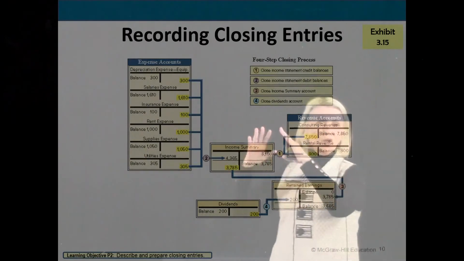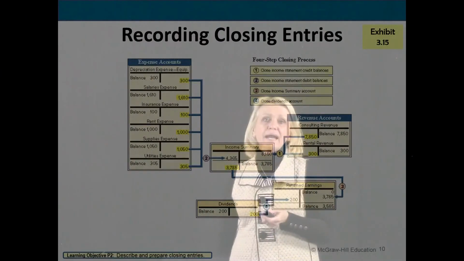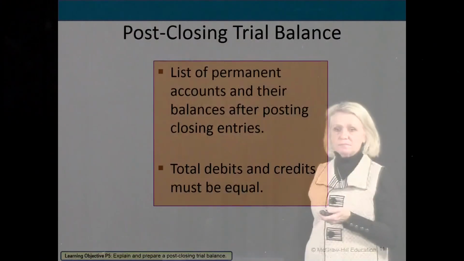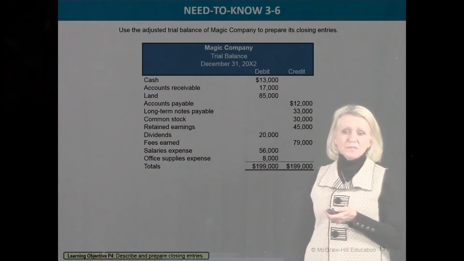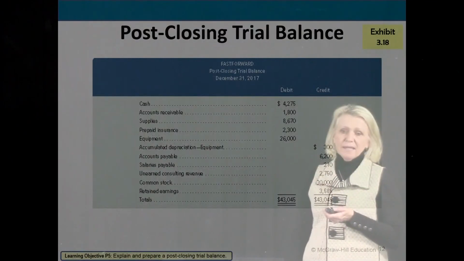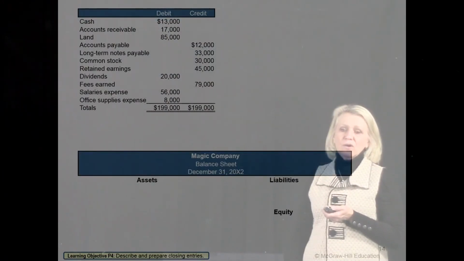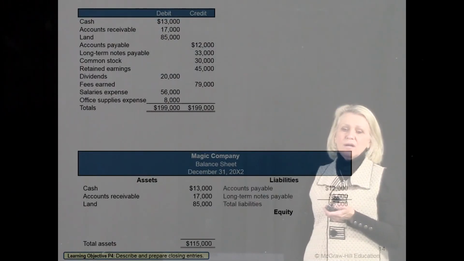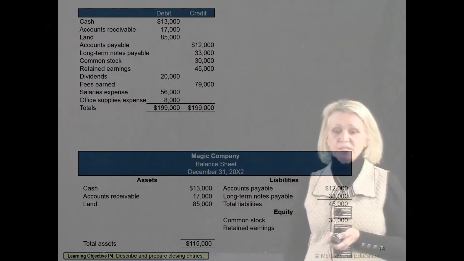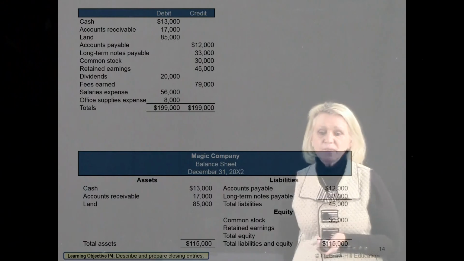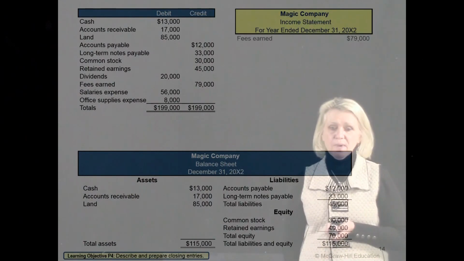Because we just have to take all those revenues, all those expenses, move them to retained earnings, and get that account correct. Then we take all those accounts, we just add another adjustment column to it, and our income statement and all of our balance sheets are then completely correct.